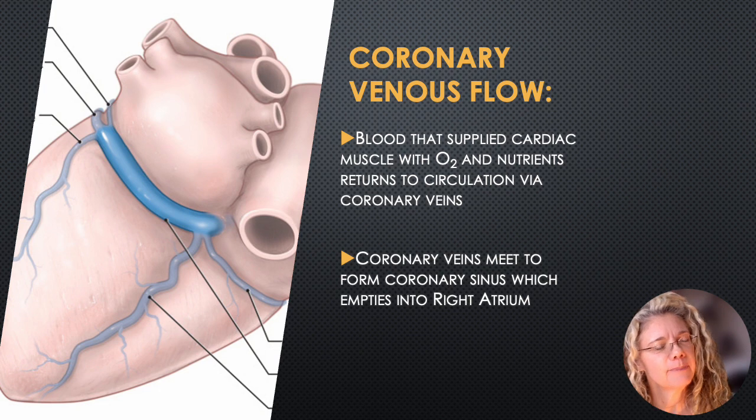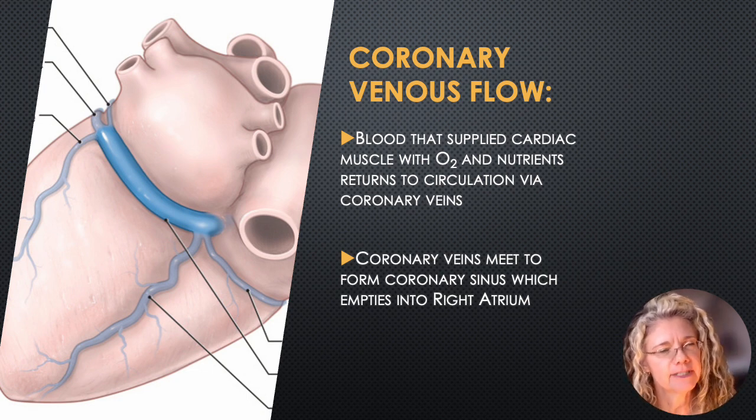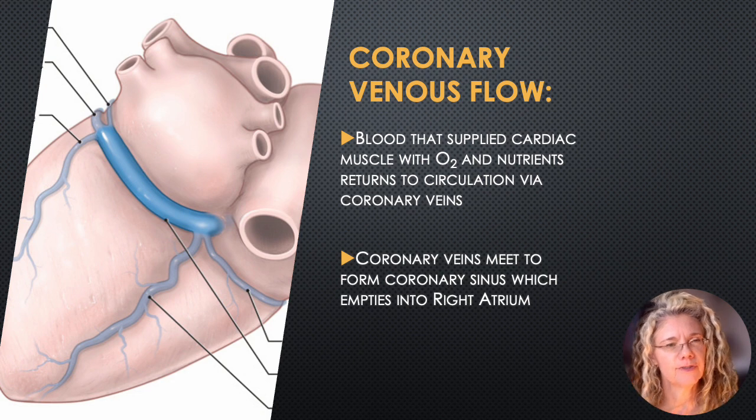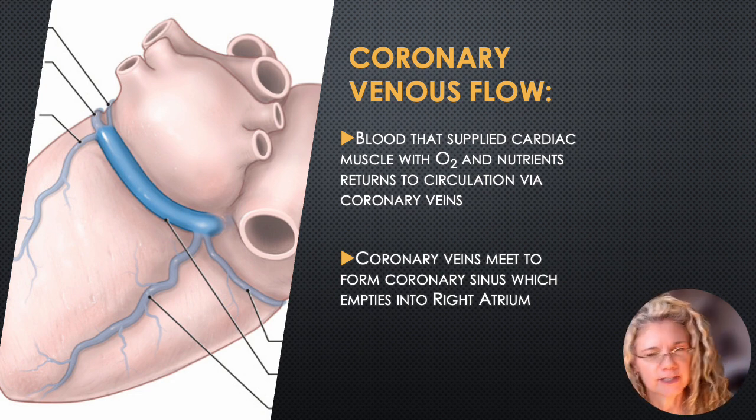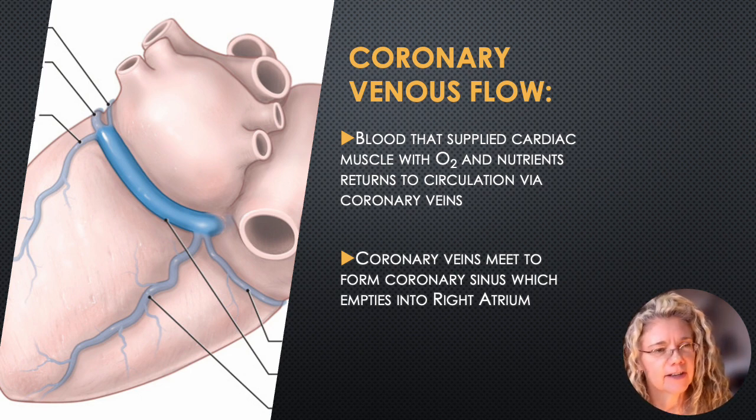All right, here's a posterior view of the heart and a good highlight of the coronary sinus. We mentioned before when we were looking at the right atria that there are 3 vessels that empty venous blood into that chamber. The first one is the superior vena cava. The second is the inferior vena cava, and then this coronary sinus is the third.